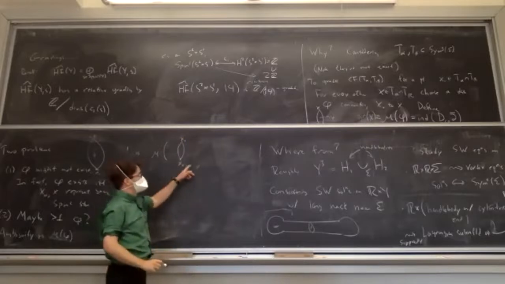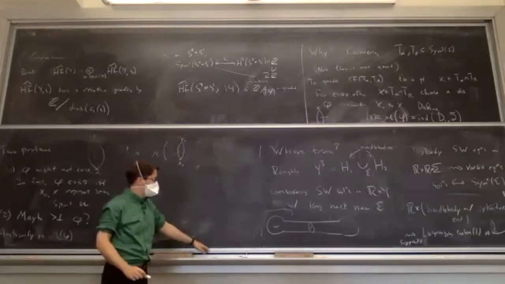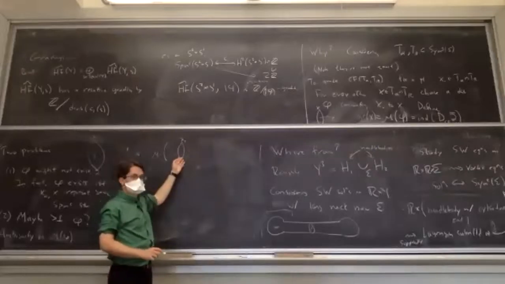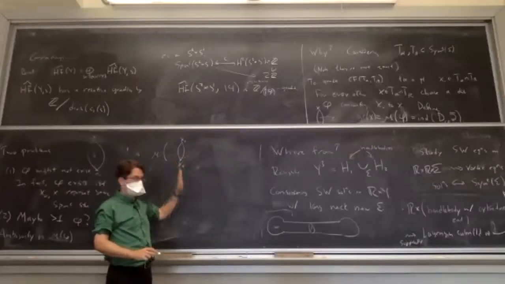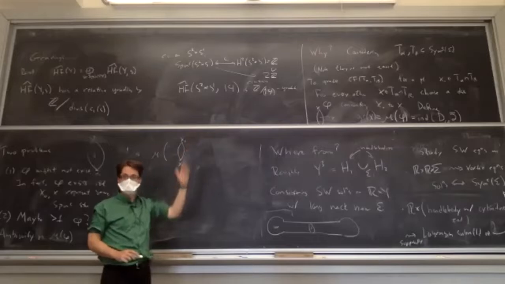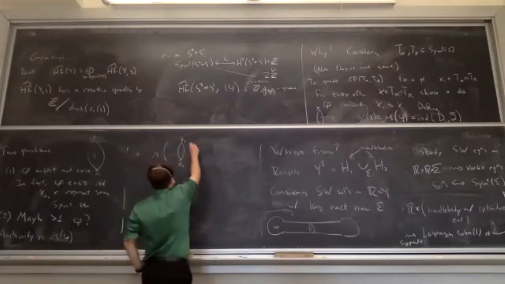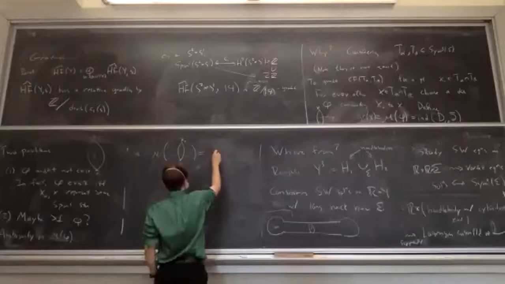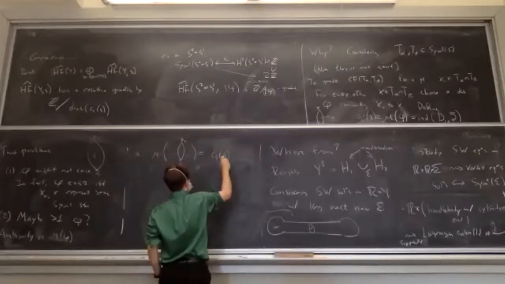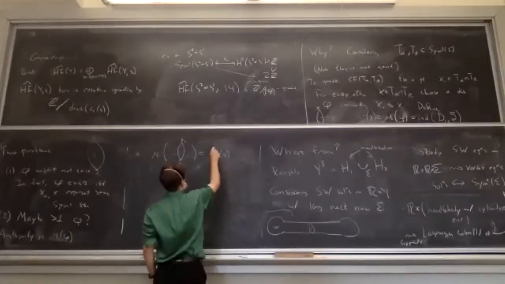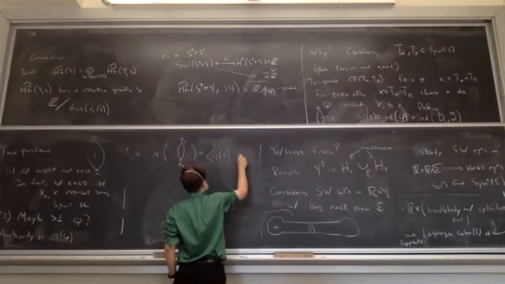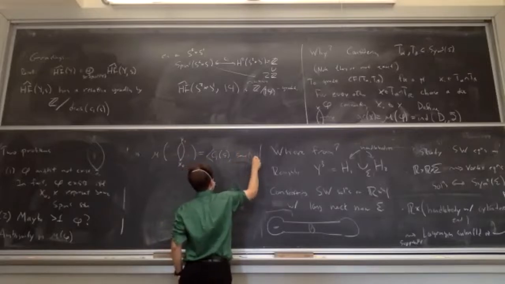If I had two disks from x naught to x, they would differ by a disk going just from x naught to x naught. You take one and the other one done backwards. But this turns out to be C1 of the spin C structure evaluated on something.